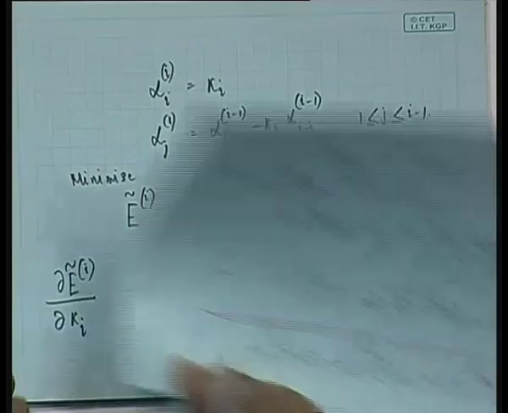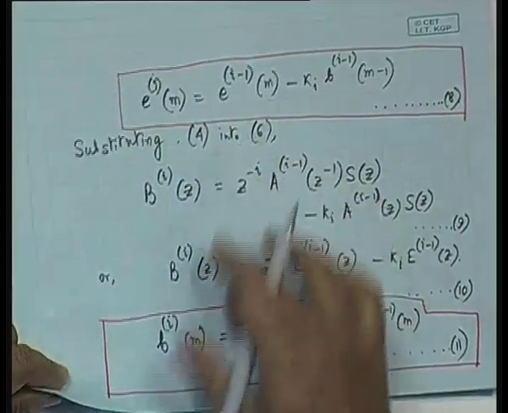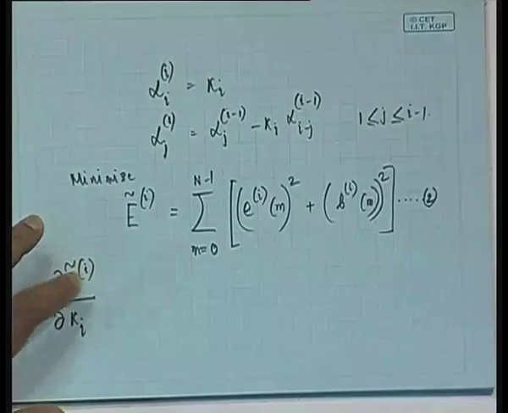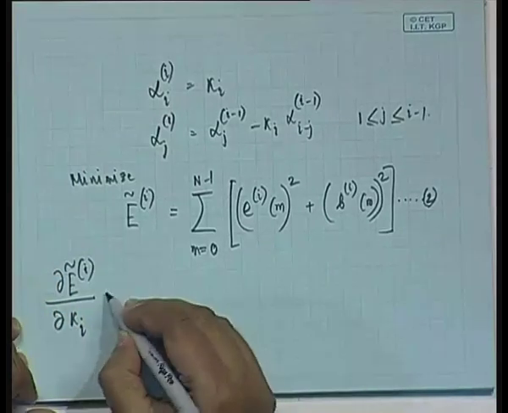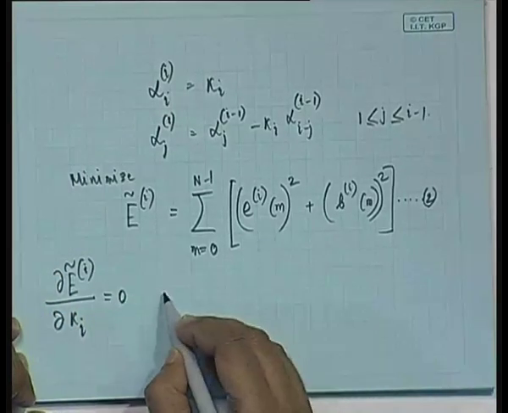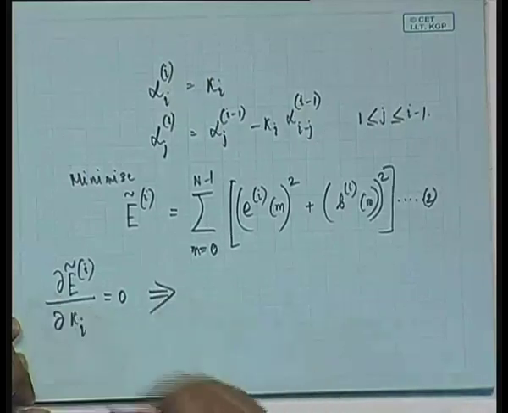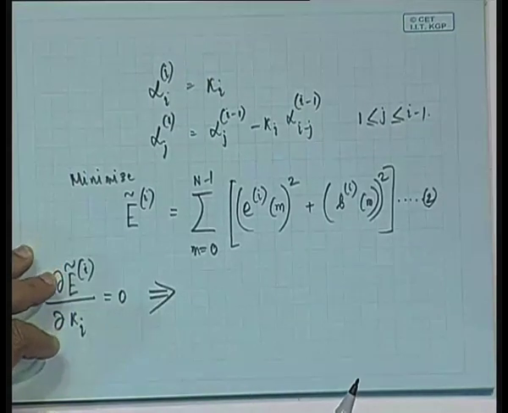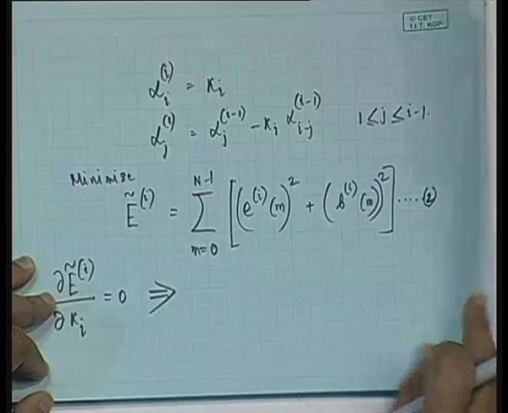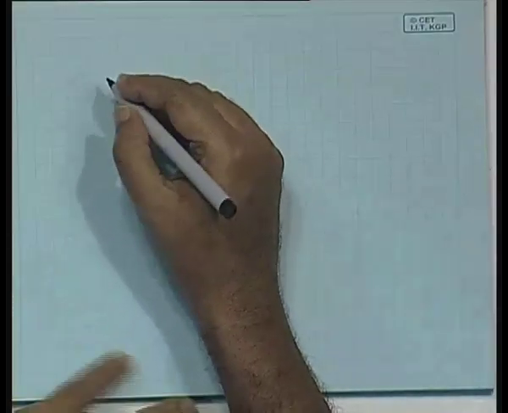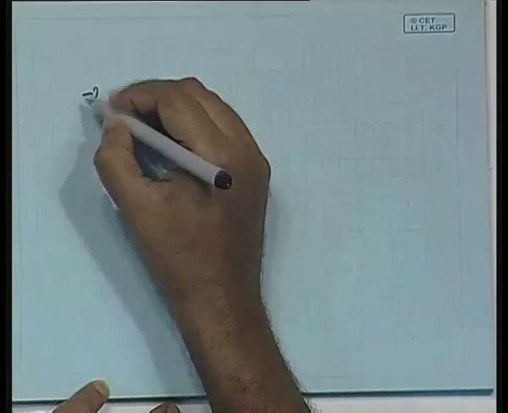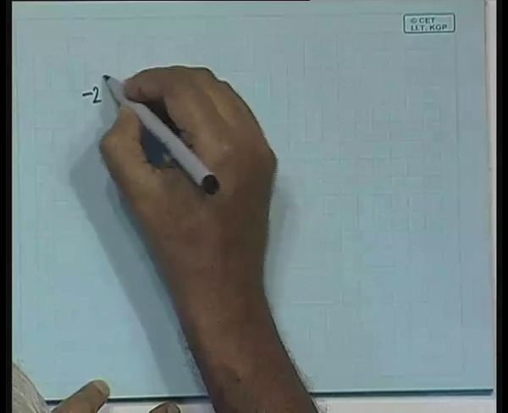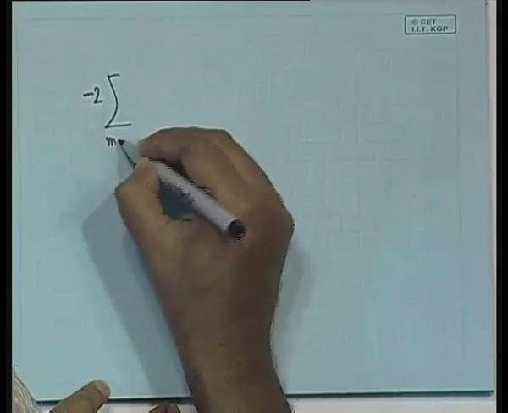So there the KI terms are already coming in, and then we are differentiating with respect to KI and equating that to 0. If we differentiate with respect to KI and equate to 0, then what results is something like this: we are getting minus 2, having the derivatives, it leads to this expression.